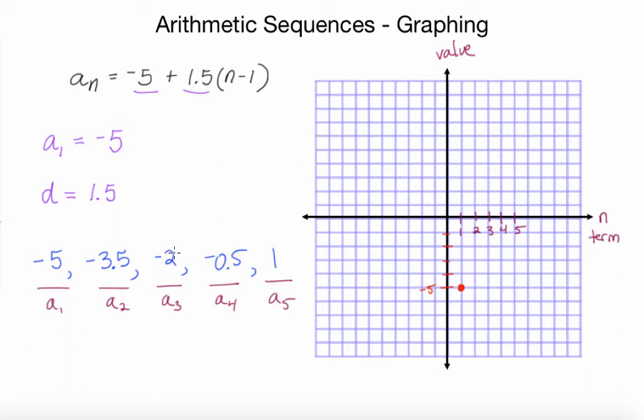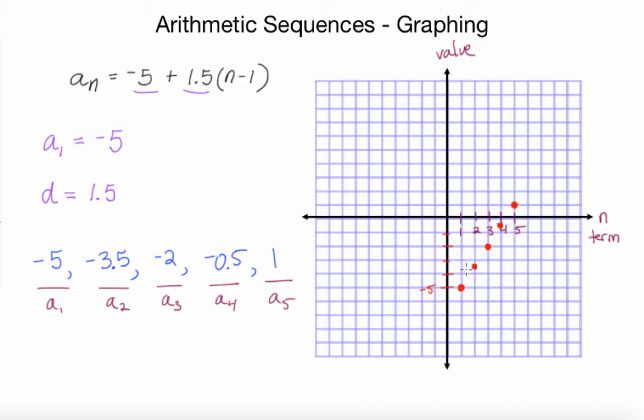The second term was -3.5. So let's find the 2 for the second term. We'll go down 1, 2, down 3, and 3.5, I have to do it in between the -3 and the -4. For the third term, it was -2, so there's a -2 right down there. The fourth term was -0.5, and the fifth term was 1.